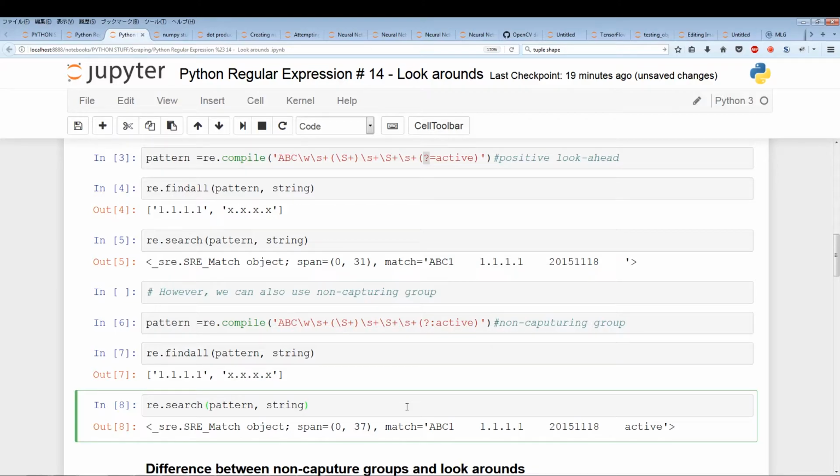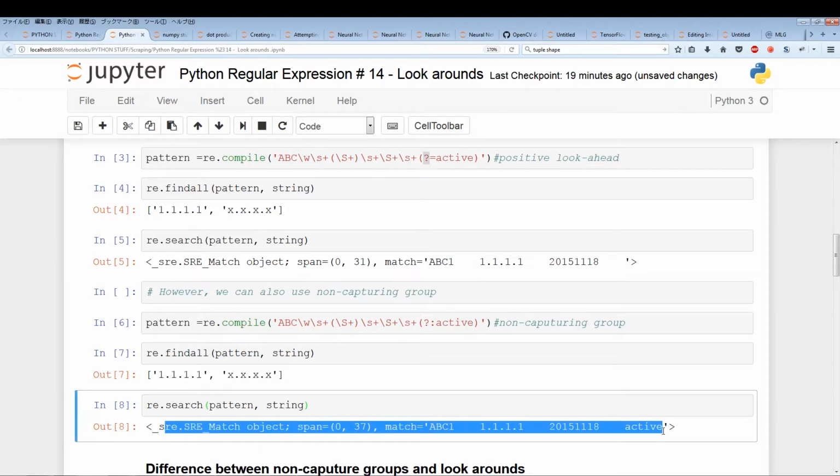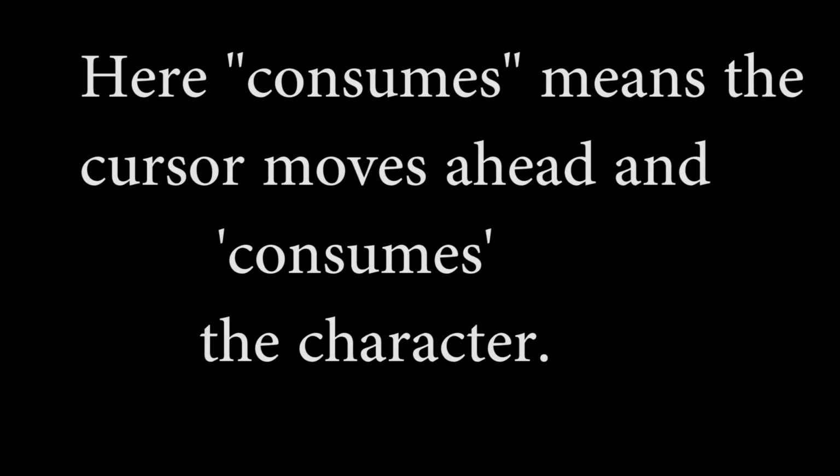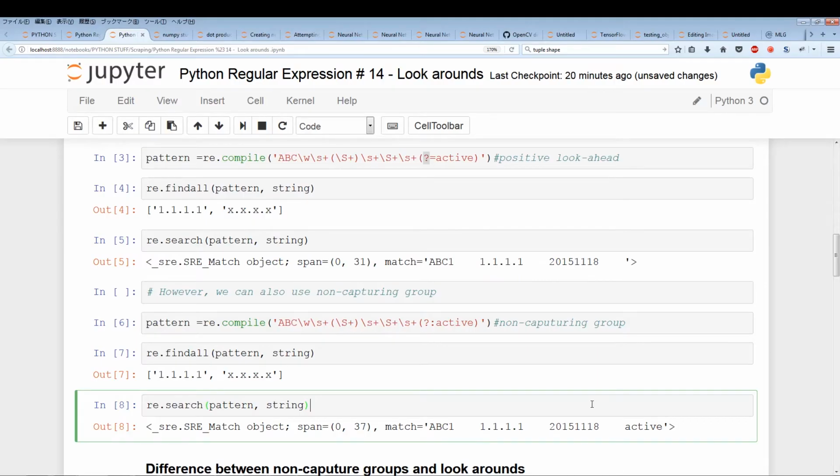So if you look at re.search, in this case we use a non-capturing group. Despite using a non-capturing group, we still get the word active. This is the key difference I want you to pay attention to. When you use a non-capturing group, it's consuming the characters. A non-capturing group just doesn't capture to a group, but the cursor actually moves ahead.